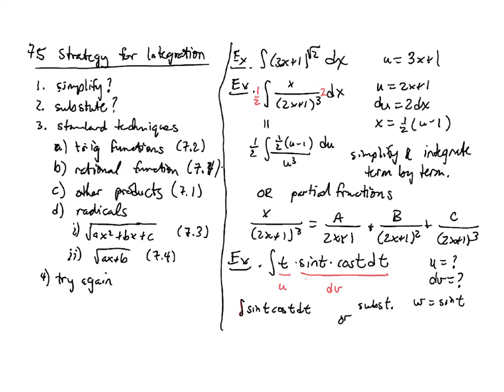Or if you're remembering all of your trig identities, you can remember the trig identity that says that sine 2t is 2 sine t cosine t. And you can simplify that antiderivative rather easily. So this is one where you would want to use parts and be clever or just steadfast about how you evaluate that trig integral in order to figure out what your v is.